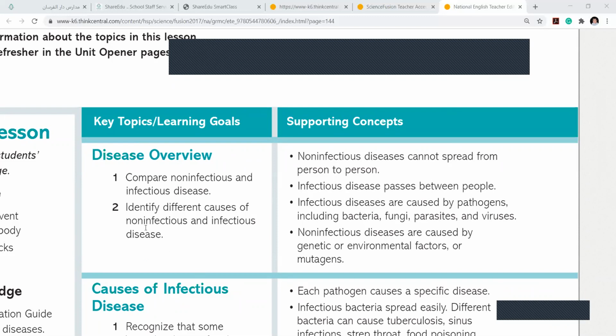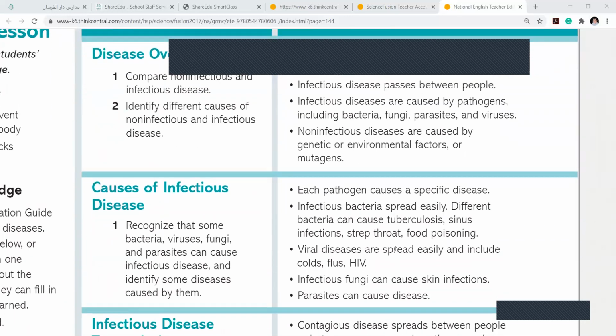Infectious diseases are caused by any pathogen that grows inside you, like bacteria, fungi, parasites, viruses. Non-infectious diseases are caused by either genetic or environmental factors, like very cold leading to allergy, or dust particles leading to allergy. That is not an infectious disease. That is a non-infectious disease.